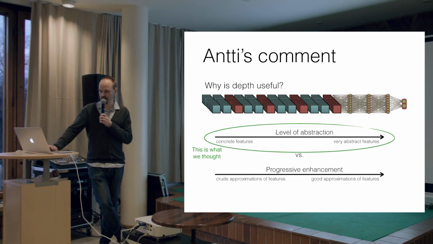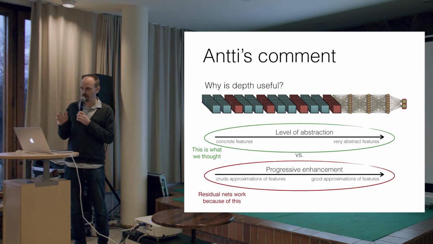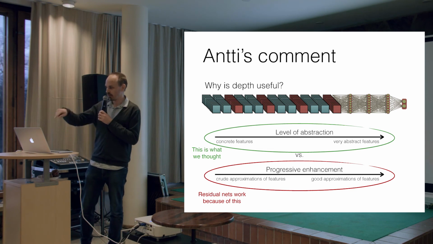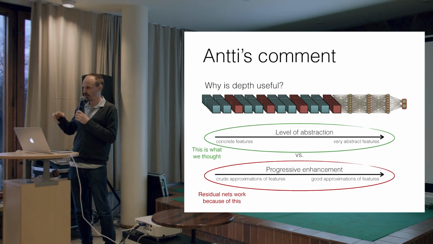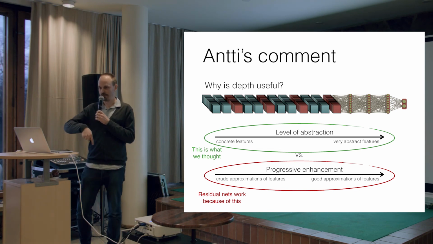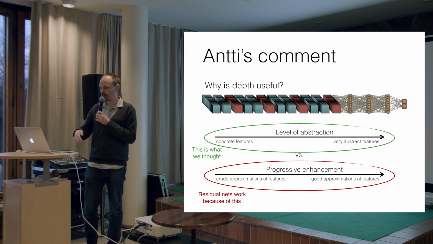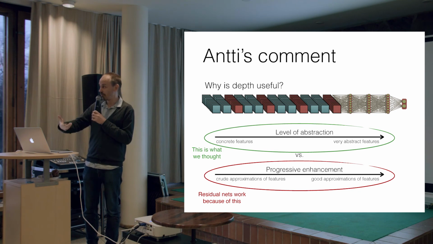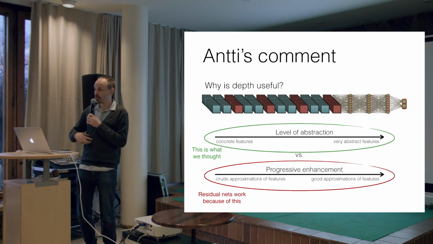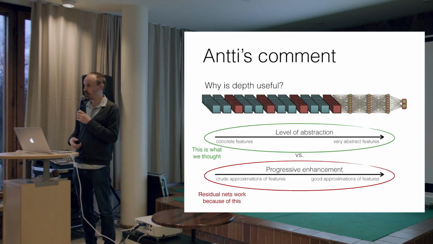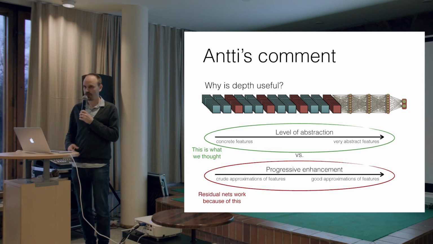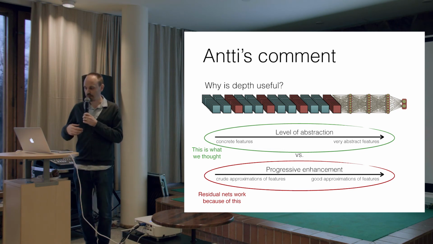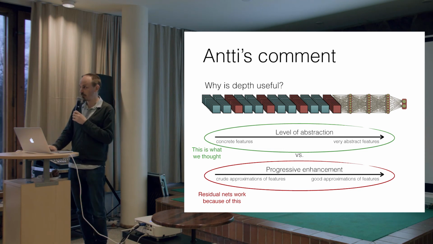But then what ResNet showed us is that because of these skip connections, because each unit in a layer is connected to the same unit in the previous layer, and we just sum them up, they must somehow encode the same features. So because ResNet works, it must be that the progressive enhancement is a big part of it.